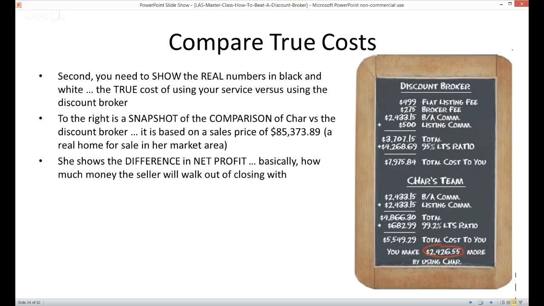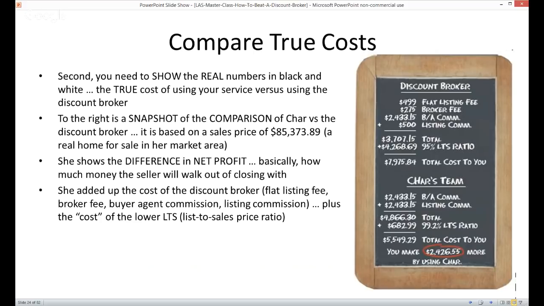Now, she shows the difference in net profit, which basically is how much money the seller will walk out of closing with. And she adds up the cost of the discount broker, including items like flat listing fee, broker fee, buyer agent commission, listing commission. You know, there's a lot of junk fees that are added in there, and I'll tell you where to find those in a minute.